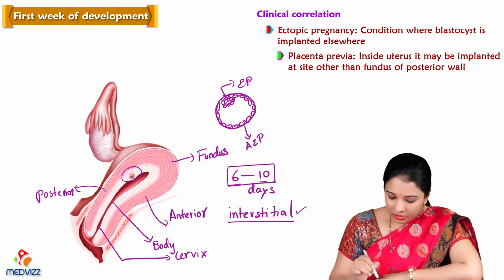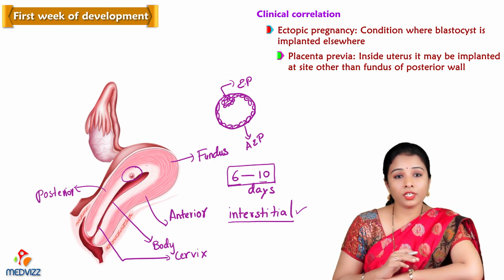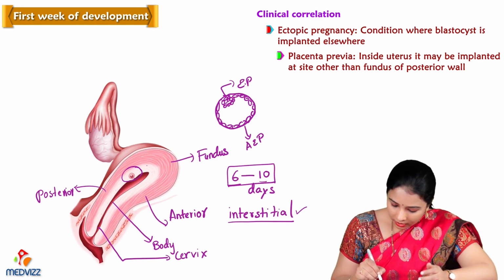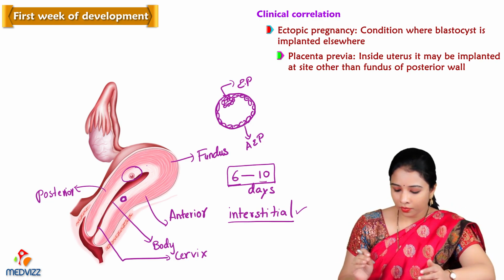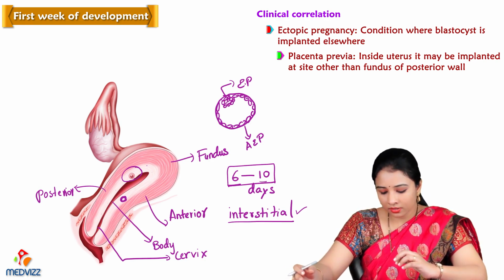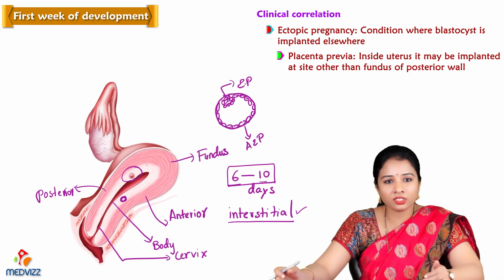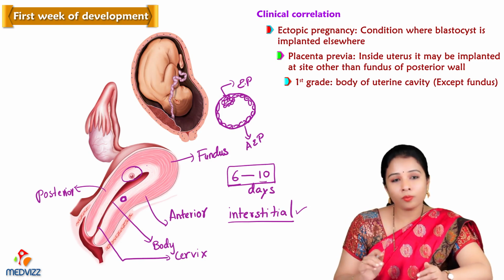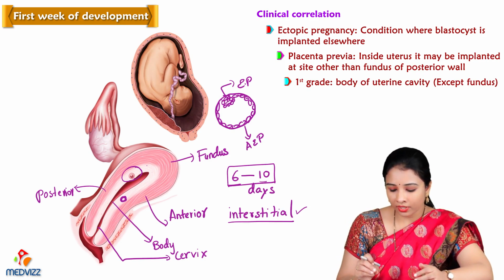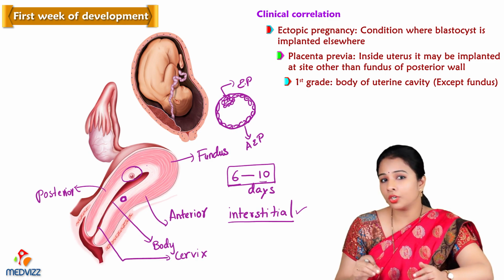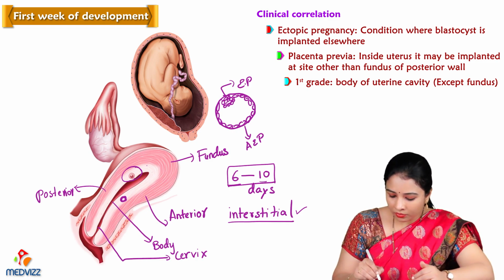So now we know the normal site of implantation is the posterior wall fundus of the uterus. Instead of here, suppose implantation occurs in the lower part, that is in the body of the uterus. Now this placenta previa we can consider in 3 grades based on severity. If it is somewhere in the body of the uterus, within the uterine cavity, embedded within the wall of the uterus but in the body, not at the fundic level, that is called first grade.